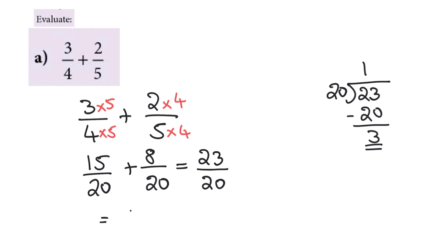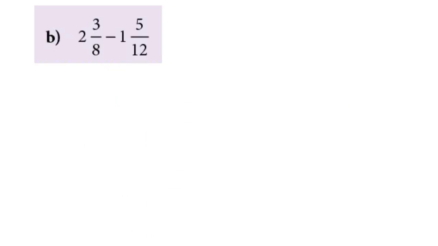The quotient is 1, the remainder is 3 and the denominator is 20. So the answer of 3 over 4 plus 2 over 5 is 1 3 over 20. This is how you add or subtract two fractions, by making the denominators equal.